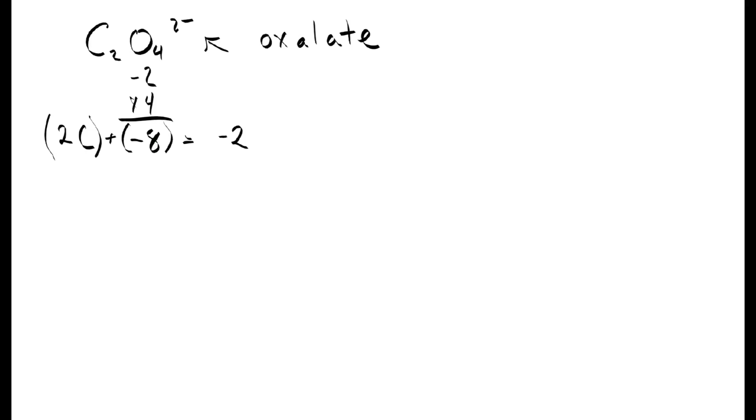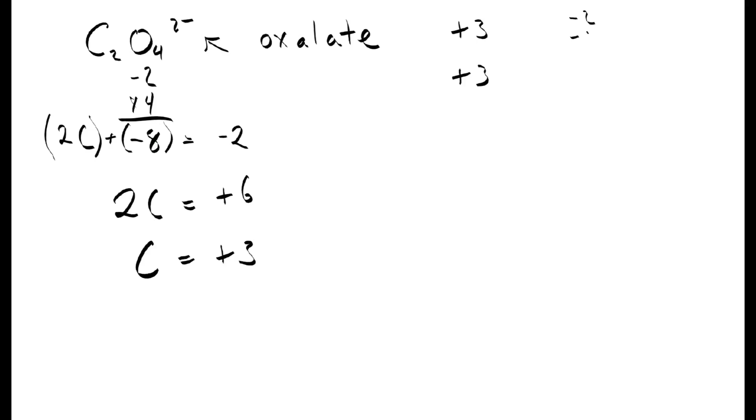So we add 8 to both sides, and we get 2 carbons are equal to +6. So each carbon is +3. So when you look at those together, it's +3 and +3. Then we have -2, -2, -2, -2 from our oxygens. +6, -8. Adds up to the -2 charge on the compound.